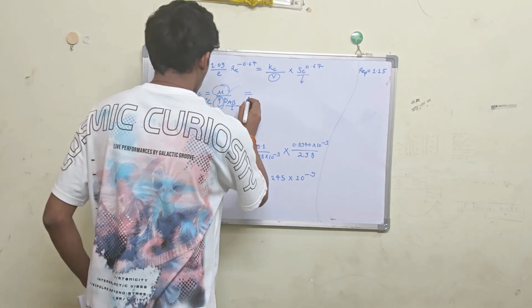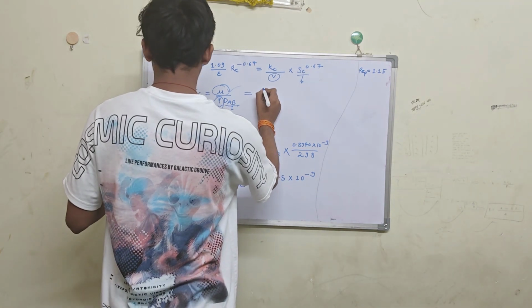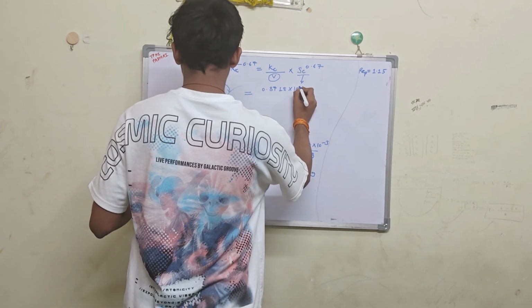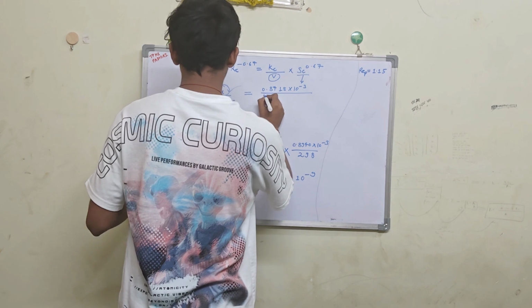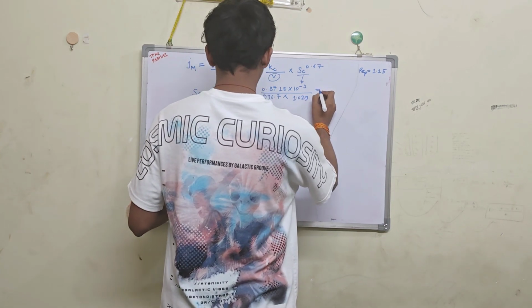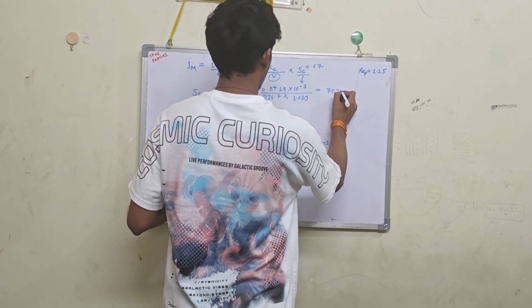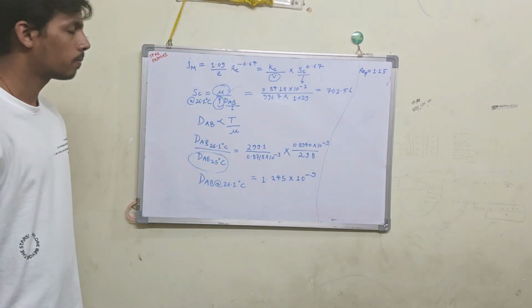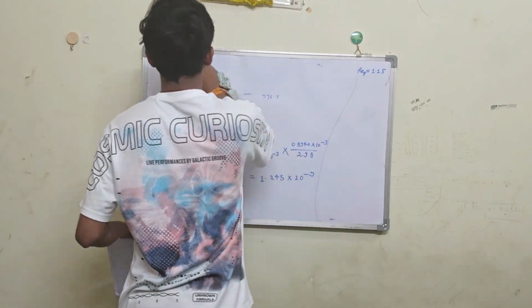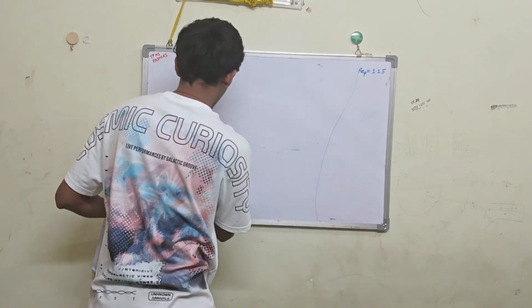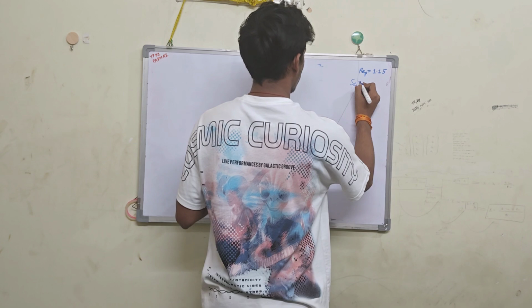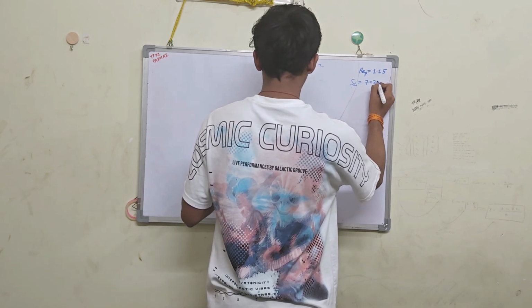Then we'll get this Schmidt number value as... Now let's write all these values into one corner. Schmidt number came out to be 702.56.